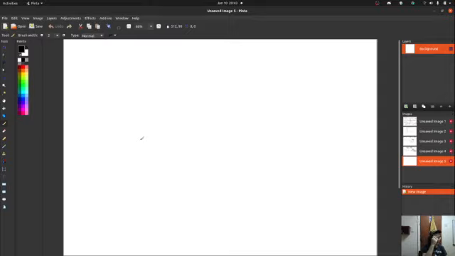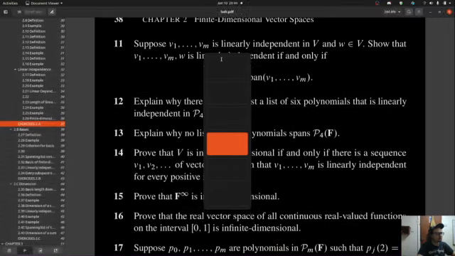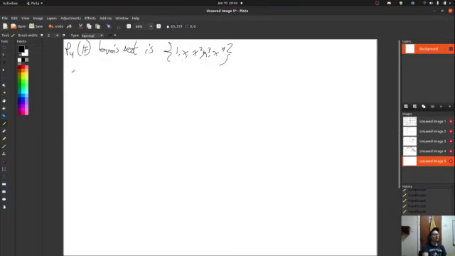So the basis sets for P4, which is actually size 5, right? But we need to be less than or equal to... okay, let me write this down.